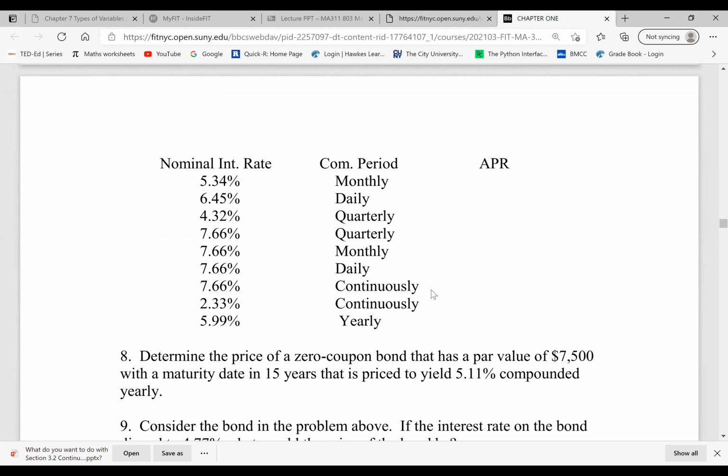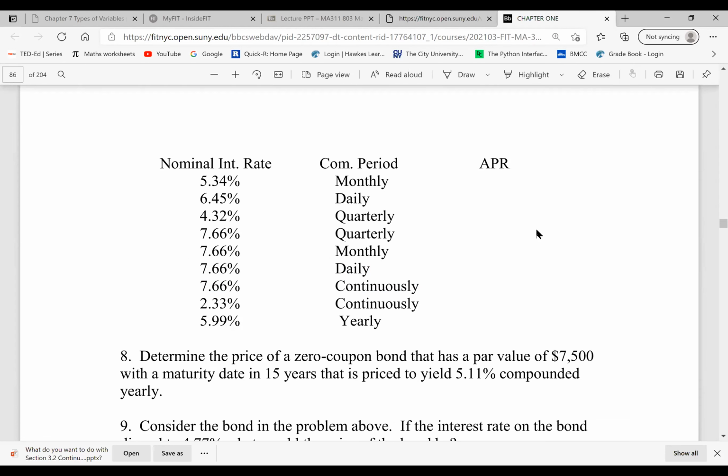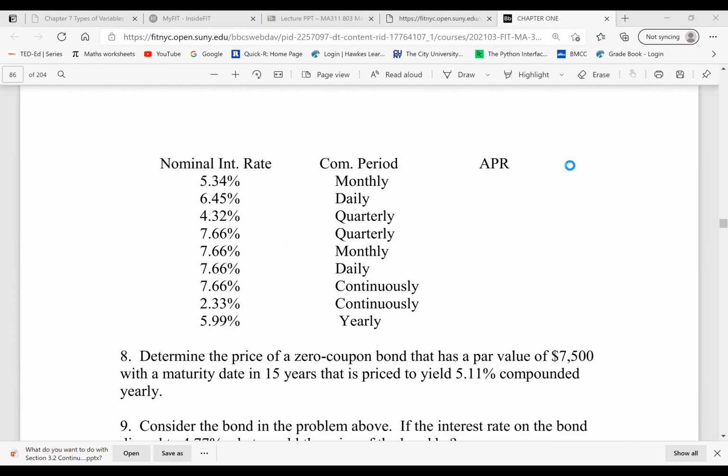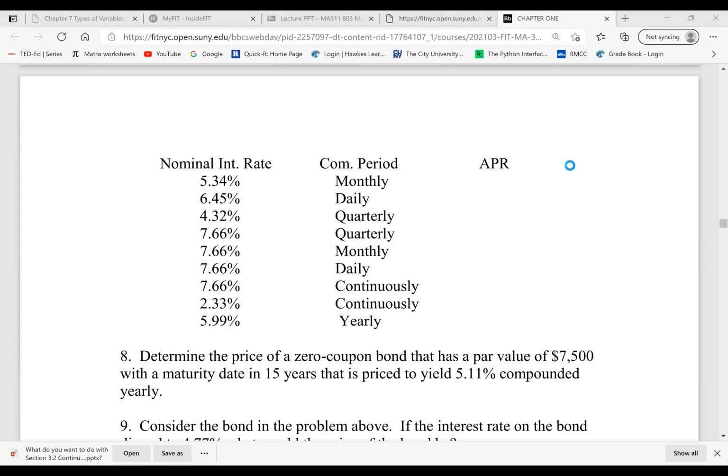So if it is continuous compounding, it should be e to the RT minus 1, right? So think about this, let me put it on the screen. Okay.